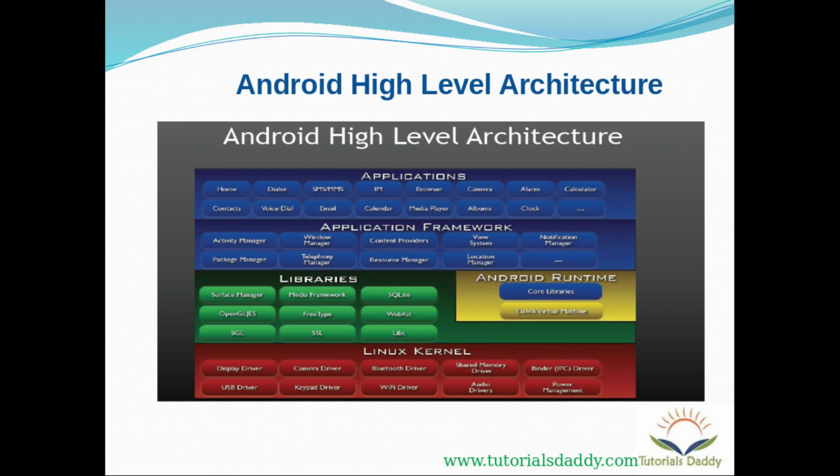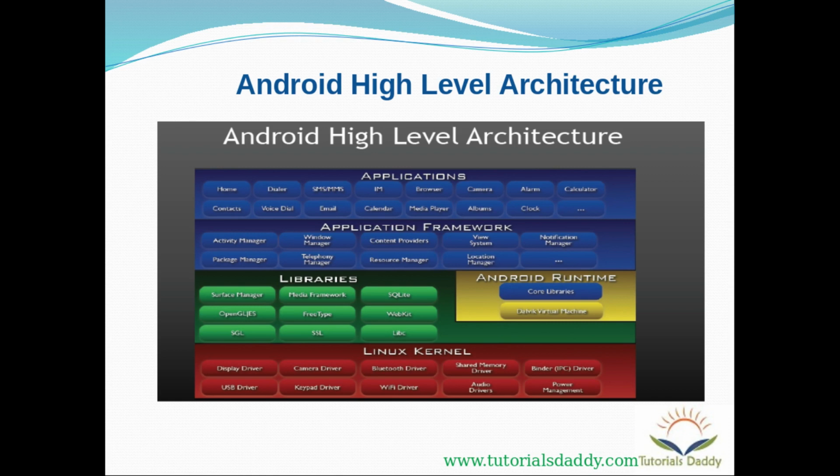In a nutshell, we can say the Linux kernel is the most important part of our Android operating system. So Android architecture is based on the Linux kernel. On the lower layer, we are using the Linux kernel for interaction and managing our hardware. We can say the Linux kernel is the heart of the operating system for Android.